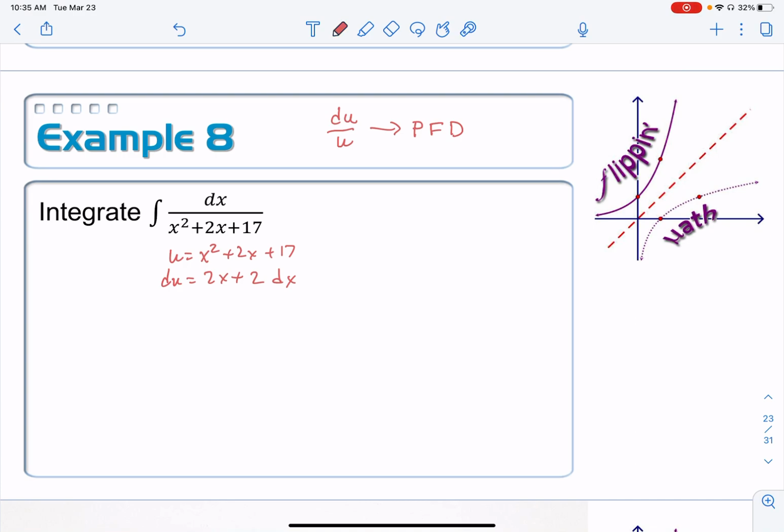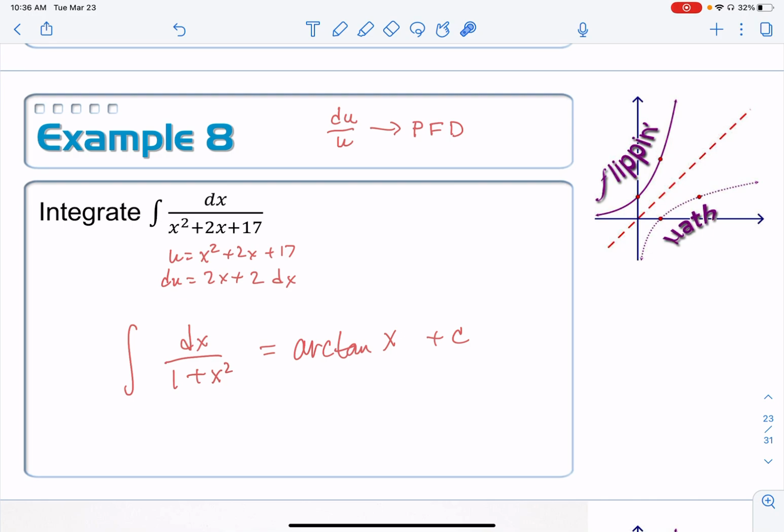Like you have not linear, but constant over quadratic. Let's say I had the antiderivative of a dx over 1 plus x squared. Remember what that antiderivative is? This one is the arctangent of x, and then, hey, plus c there, right?